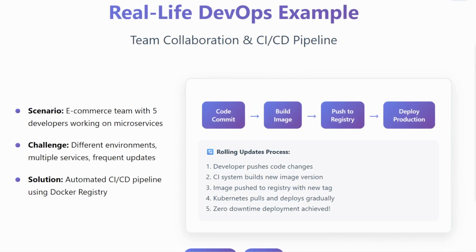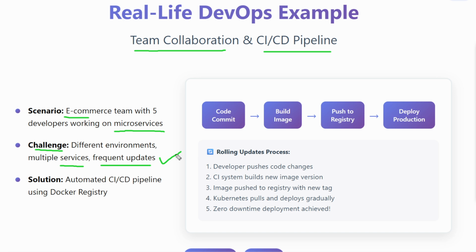And coming to the real life DevOps examples, basically it makes team collaboration and CI/CD pipeline advantages possible. We'll discuss this. Let's say we have a scenario, an e-commerce team with 5 developers working on a microservices project. Here they are getting some collisions, different environments, multiple services, and frequent updates they need to deliver into that particular microservices.